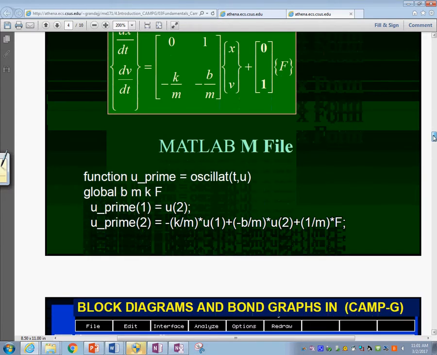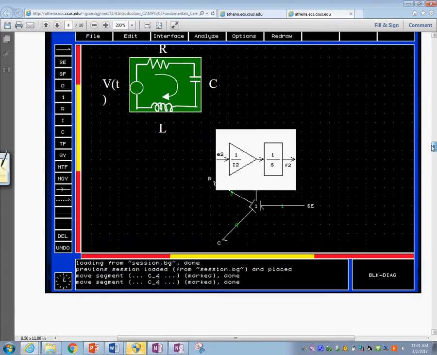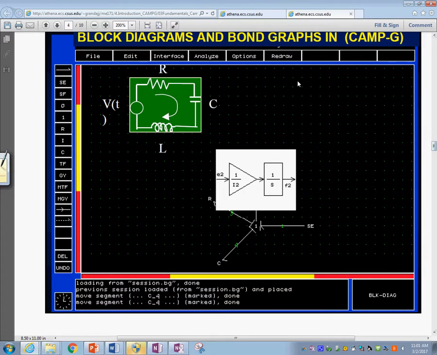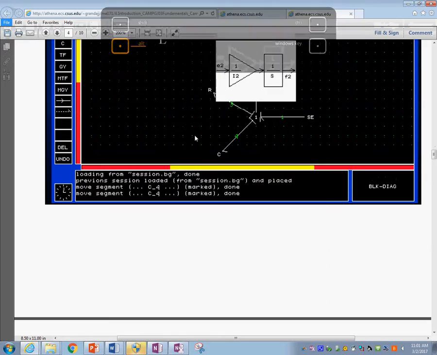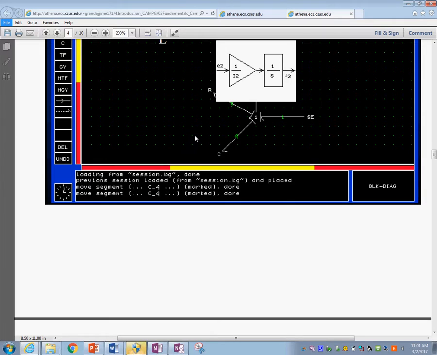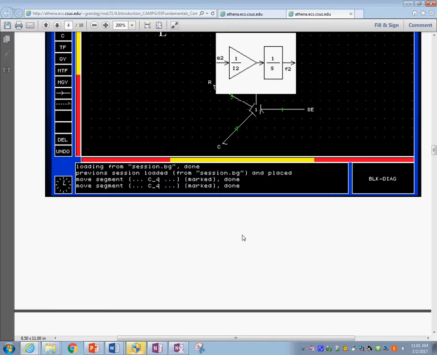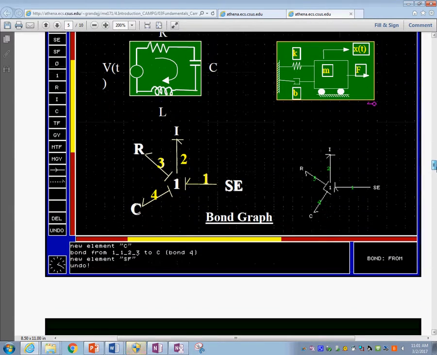But here you can enter that bond graph model into CAMG, which is what you see here. Once you put it into the CAMG, you could examine the equivalent block diagram if you like, or you just produce the necessary bond graph model input for MATLAB.